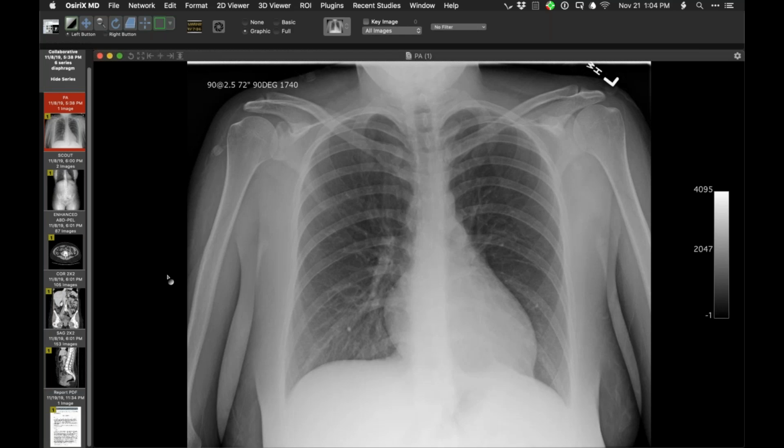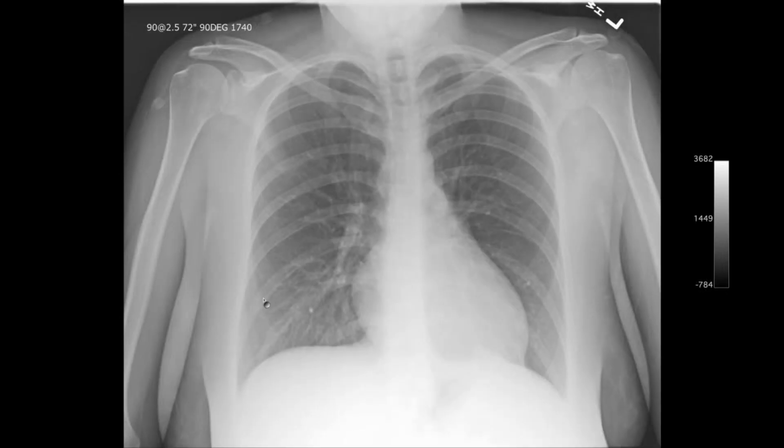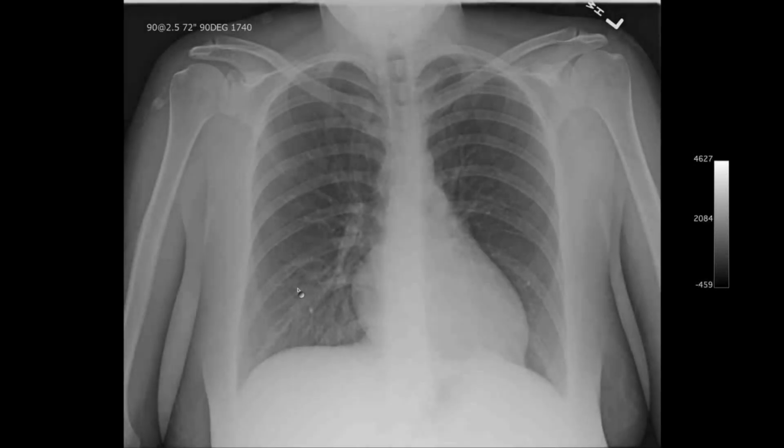So here is a chest radiograph, and for sure you will not be able to make the diagnosis. There's nothing obvious here for sure.